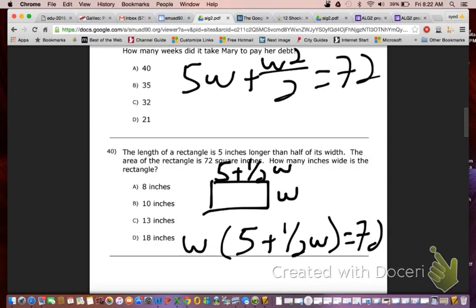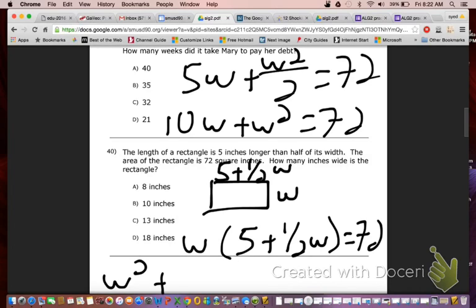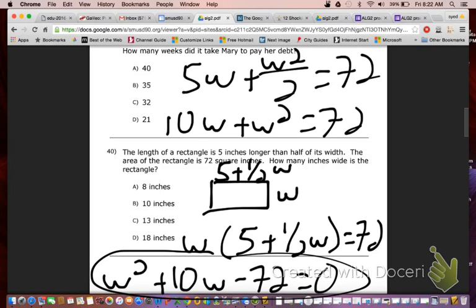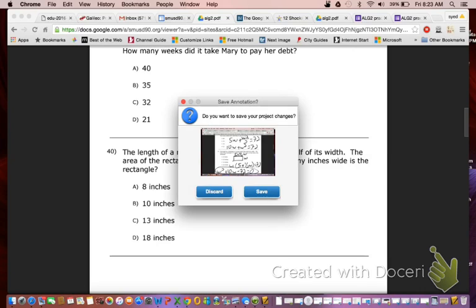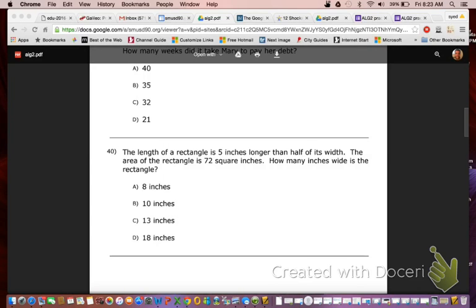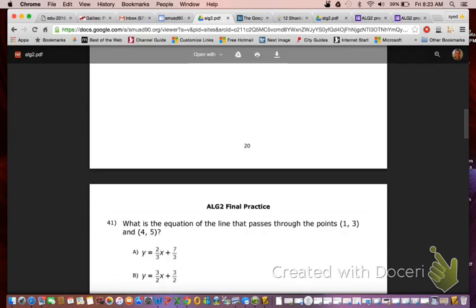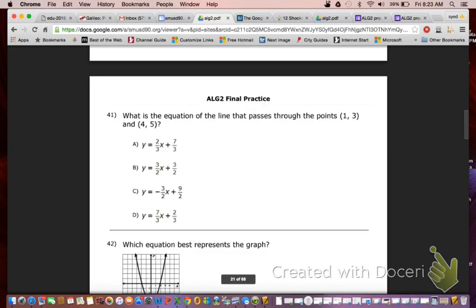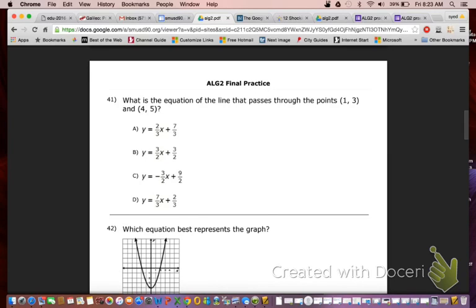Multiply everything by 2, you get 10w plus w squared equals 72. With some rearrangement, you're going to get w squared plus 10w minus 72 equals 0. Look, you could use the quadratic formula or whatever you need to do. You should remember how to do this, guys. This is just a review.